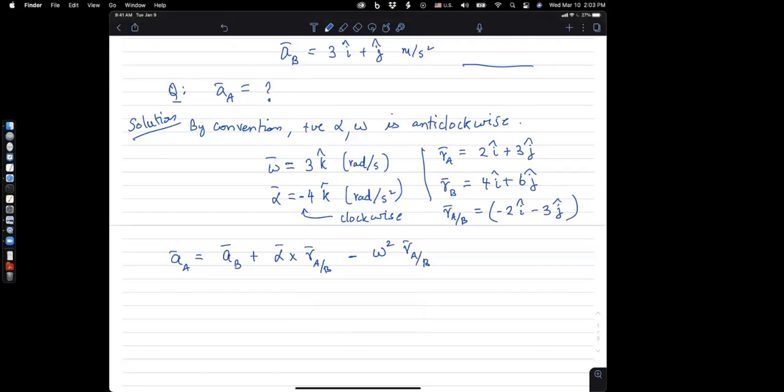And then we just plug everything in. So this is equal to 3i plus j, that's your a_B, plus alpha, which is a vector, minus 4k, crossed with R_A with respect to B, which we just showed to be minus 2i minus 3j.